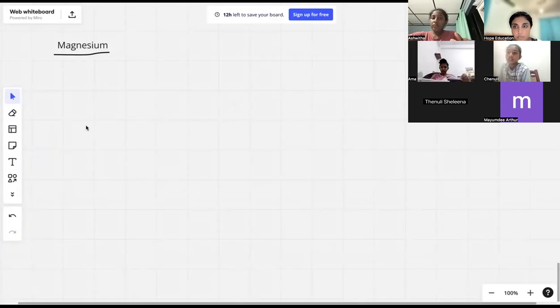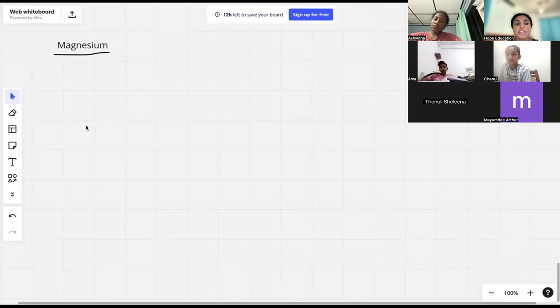I got the answer in the chat box. Yes, correct. So by now you shouldn't be flipping the pages. You should be able to remember. The periodic table should be memorized. So next week I will ask you to turn on your cameras and recite the periodic table. You should be able to read out the periodic table without looking at the book.